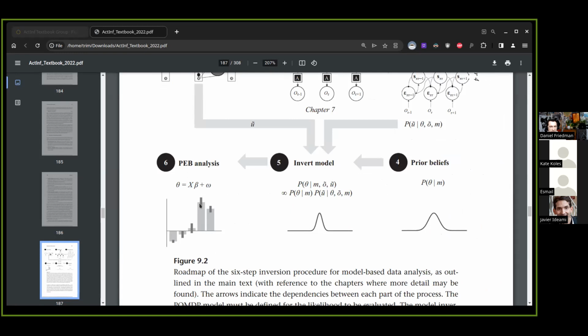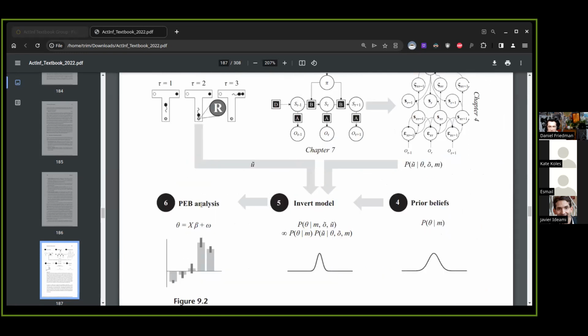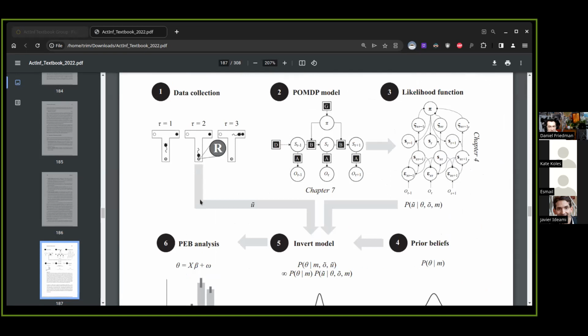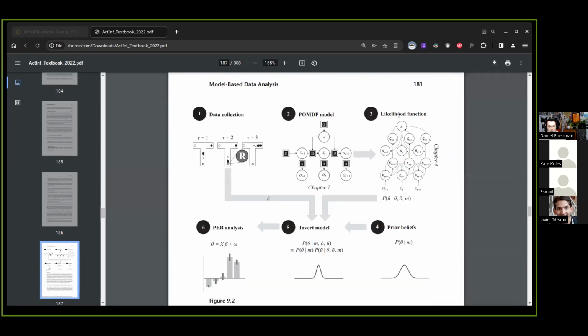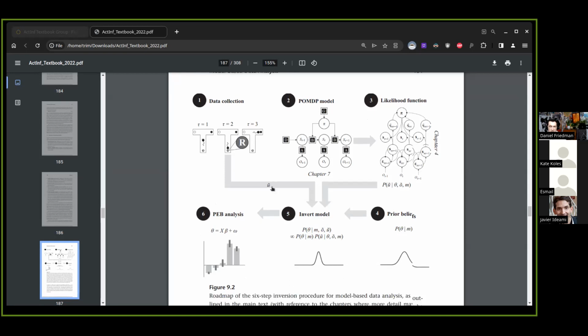This is 75%, plus or minus. So if you didn't want to do cognitive modeling, you don't need steps 2, 3, 4, or 5. You just do descriptive data analysis. But if you want to engage this cognitive modeling loop with an explicitly specified cognitive model in a Bayesian inference architecture, here's what it looks like.